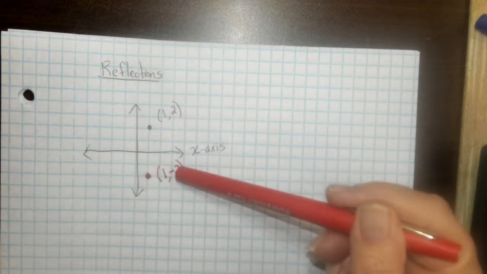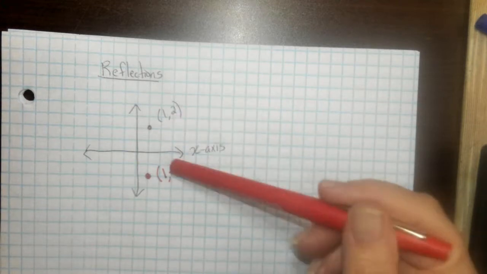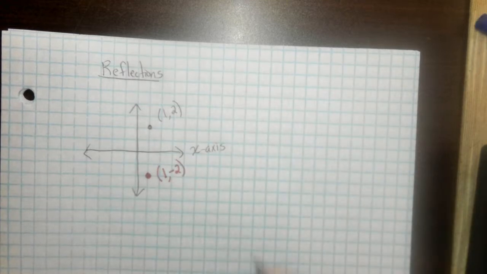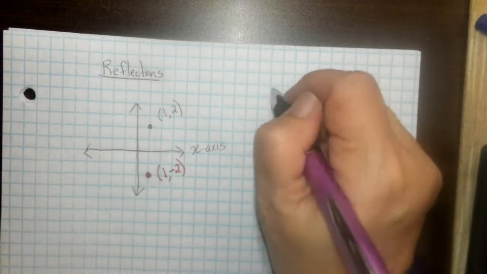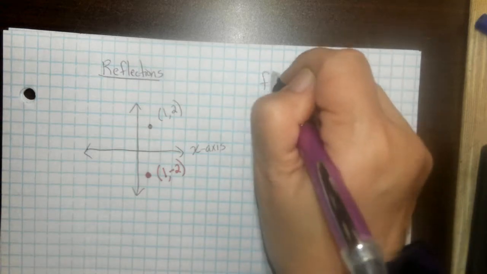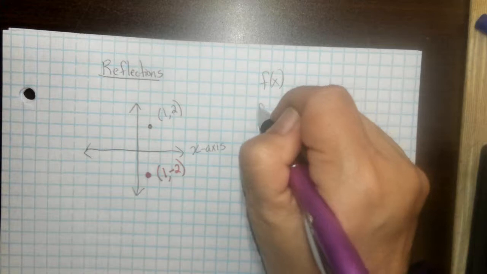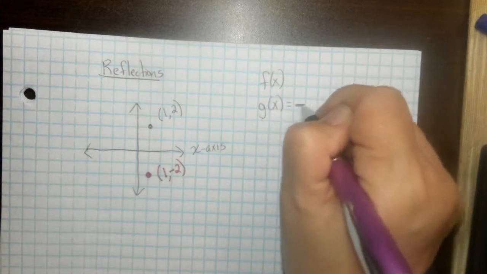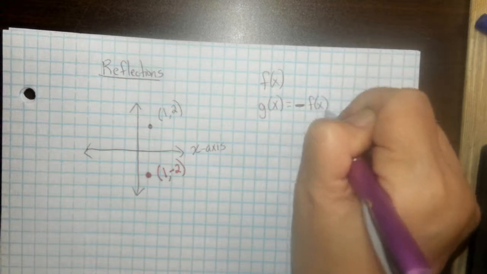So if I started here and flipped over the x-axis, look at your ordered pairs. What happened? The y changed. The output changed, right? So that happens when I have some function f of x, and so when g of x equals negative of f of x.